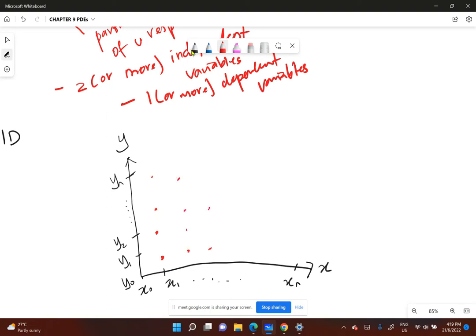Semua ni. So let's say here. Normally we will use U. Tadi kan saya kata we want to find U. So here let's say U at X is 1, Y is 1.